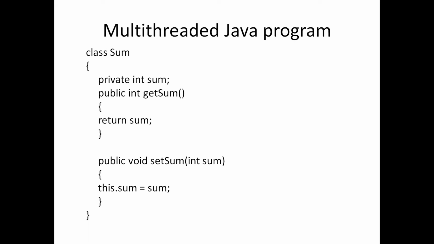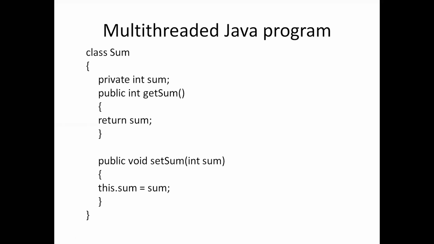Here the class is Sum, where S is an uppercase letter, and in Java class names always start with uppercase letters. It is to distinguish the variable name and class name. Next we have an initial declaration statement, int sum. Sum is a variable here, and variable names always start with a lowercase letter.